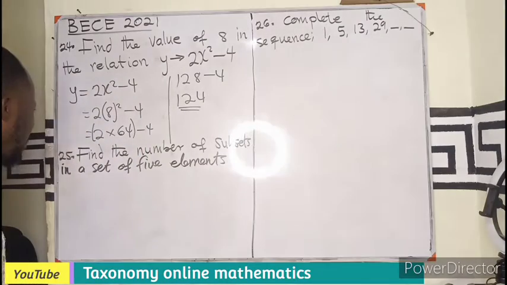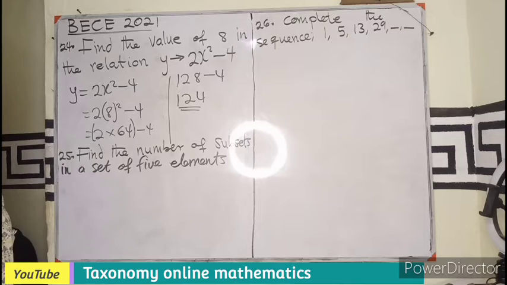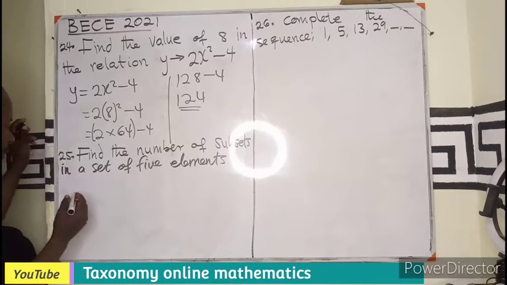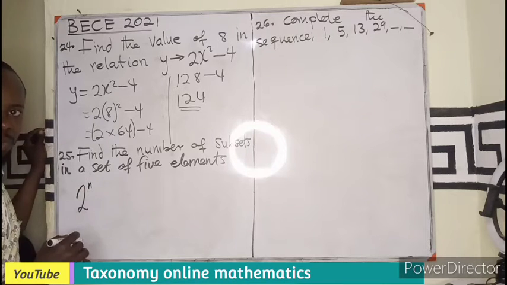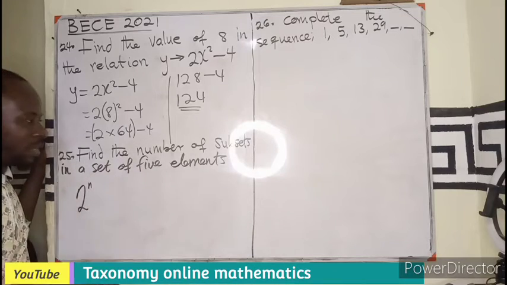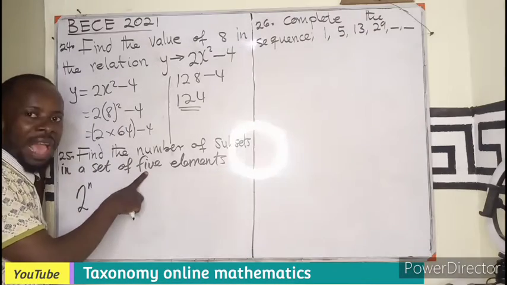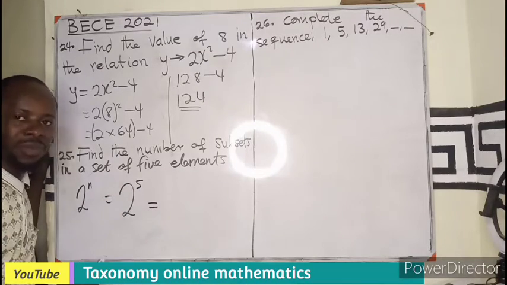Now 25. Find the number of subsets in a set of 5 elements. This is just by the use of a formula. The number of subsets equals 2 exponent n, where n stands for the number of elements in a set. So for a set of 5, this becomes 2 exponent 5.